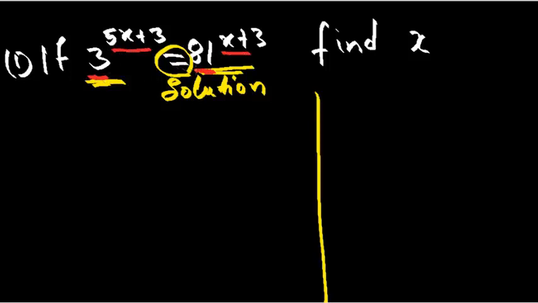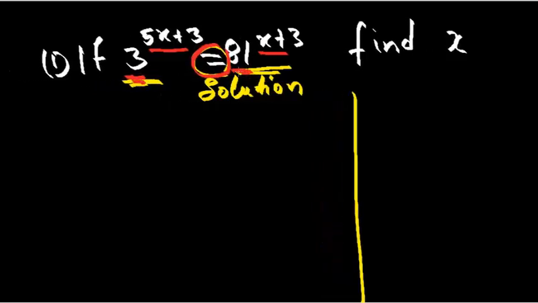Because once the bases are the same, then the indices must also be the same for the equal to sign to be true. If not, it will not be true. So once the bases are the same, the index of the left side must be equal to the index of the right side.